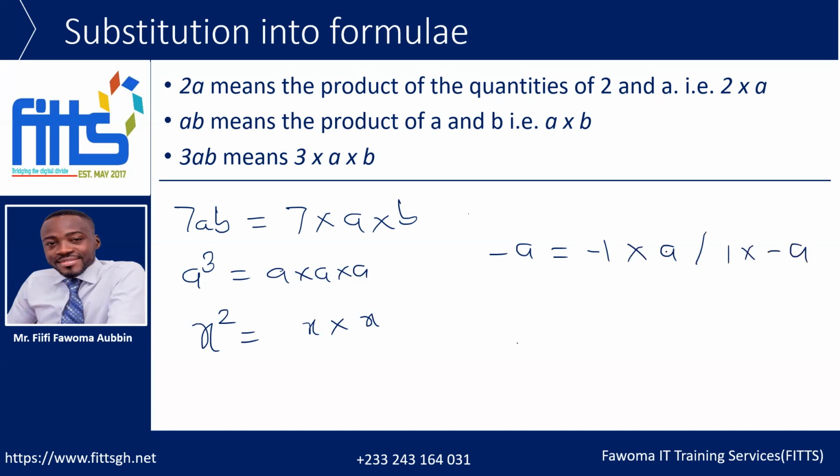If you look at this, 1 without a sign means it's positive. A positive multiplied by a positive gives a positive result. A negative multiplied by a negative gives a positive.